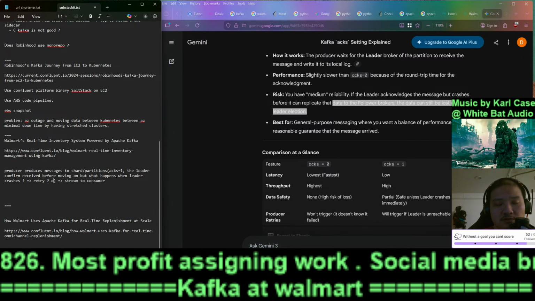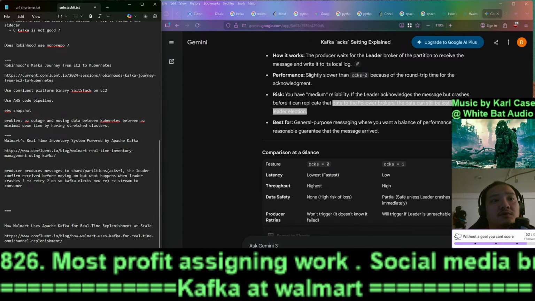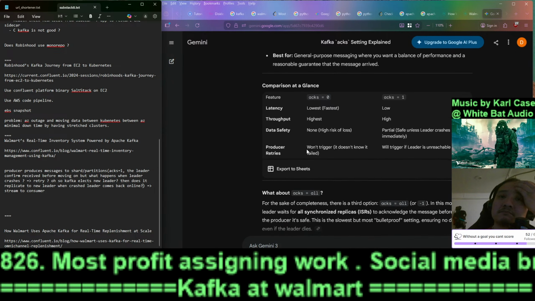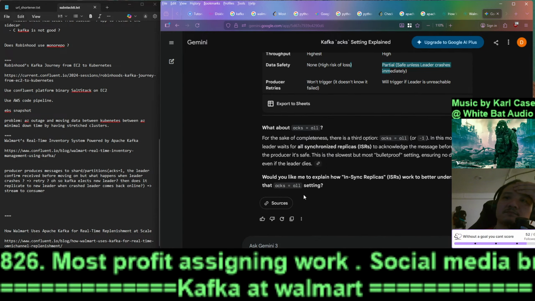Oh, so Kafka elects a new leader, then does it replicate to the new leader when the crashed leader comes back online, right? Latency is fastest.